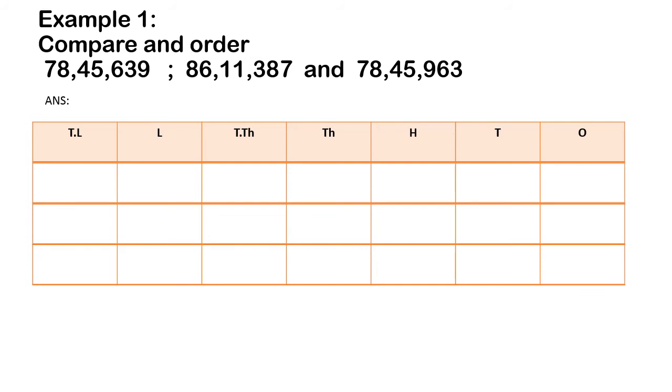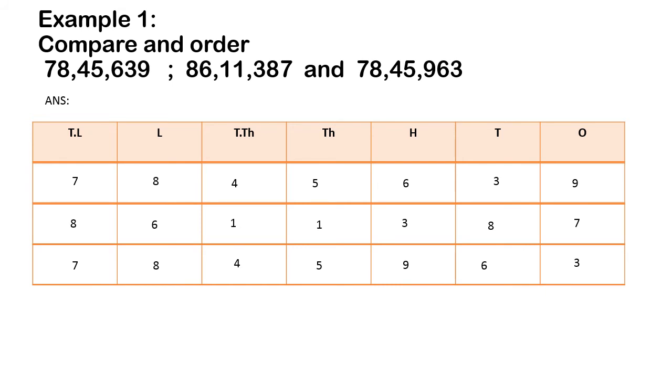Now we are going to fill the table. So first number 78 lakhs 45,639. Then the next number 86 lakhs 11,387. Then the next number 78 lakhs 45,963.